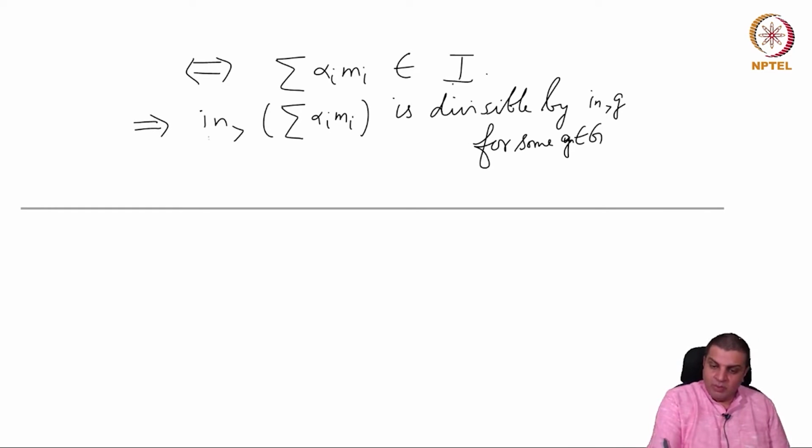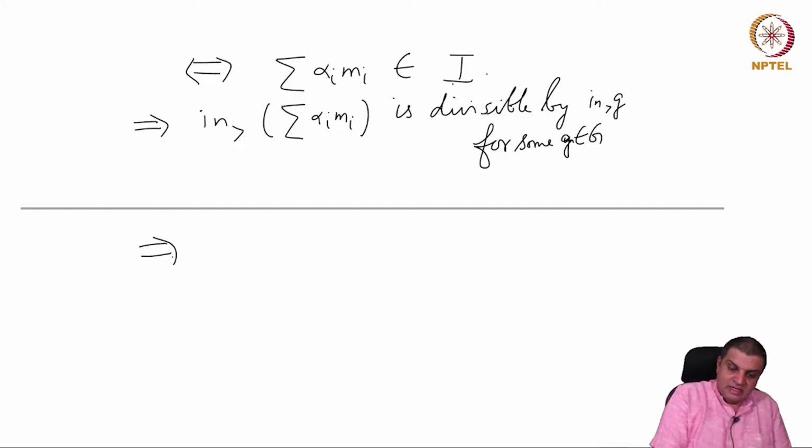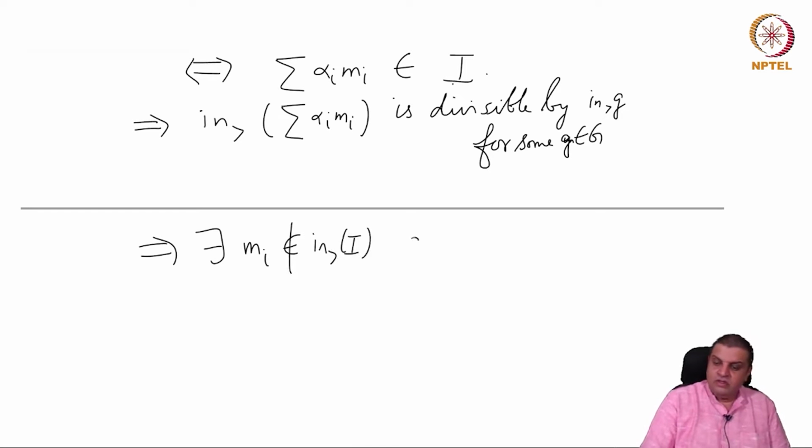Now, but what's the initial term of this? These are distinct monomials. There is no cancellation among them. The initial term is the one that is the largest.